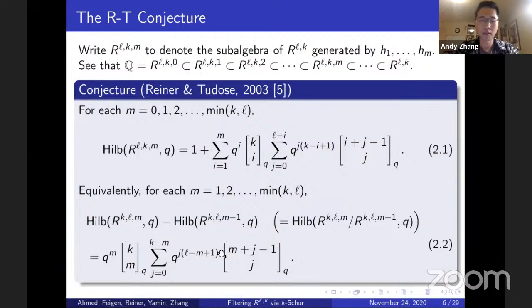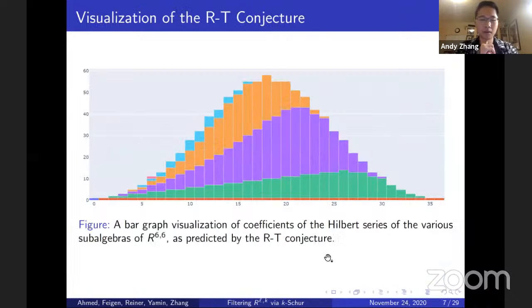So let me try to make a visualization of this conjecture. Here is a picture of the Hilbert series of the ring R66. On the x-axis is the degree of the graded pieces.